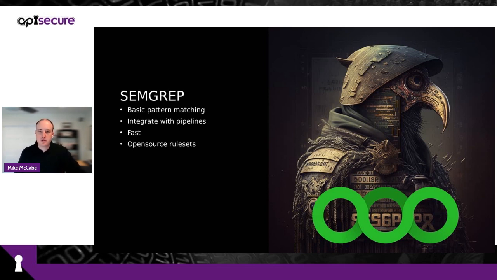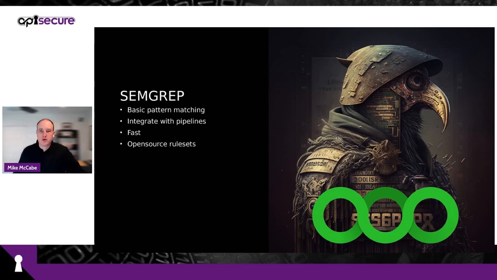So, talking about the first security control, Semgrep has become a more popular security tool. It's open source, it's free, and really it's kind of like what its name says. It's a better grep. There's much more to it, but at the end of the day, it's a pattern matching tool. The great thing about it is it's very easy to write rules with Semgrep. It's easy to integrate it with pipelines. It's pretty fast compared to a lot of static analysis tools that are out there.